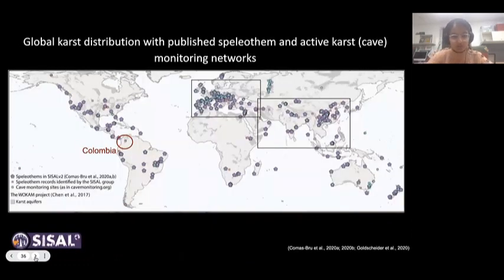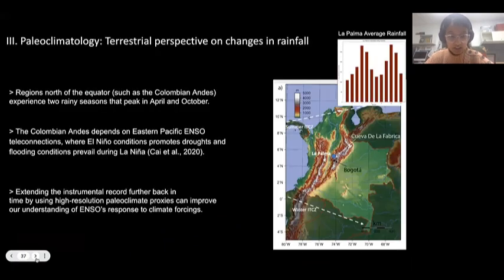So we're going to revisit the global karst distribution plot and change our view to Colombia, another region that has a lot of karst, but again, there are minimal or hardly any published terrestrial paleoclimate speleothem studies from Colombia. And this is again a country that is affected by two rainy seasons. You have the movement of the summer ITCZ and the winter ITCZ.